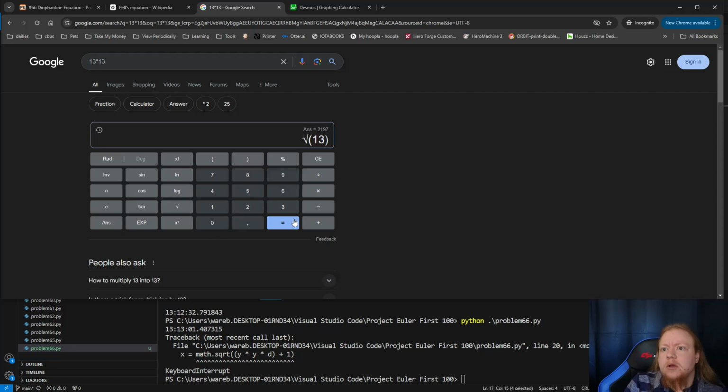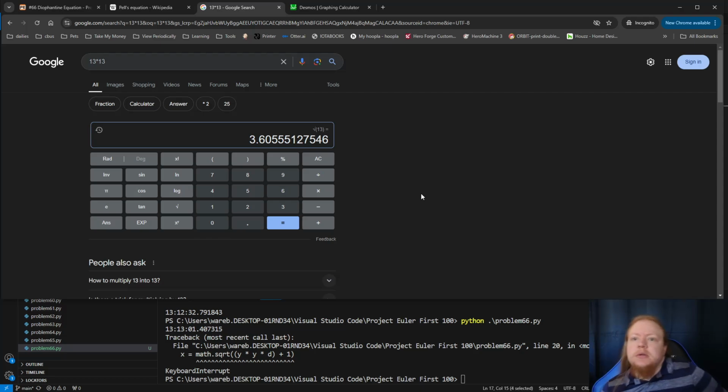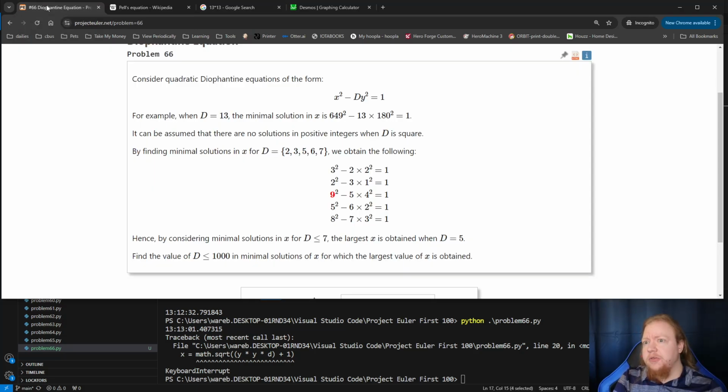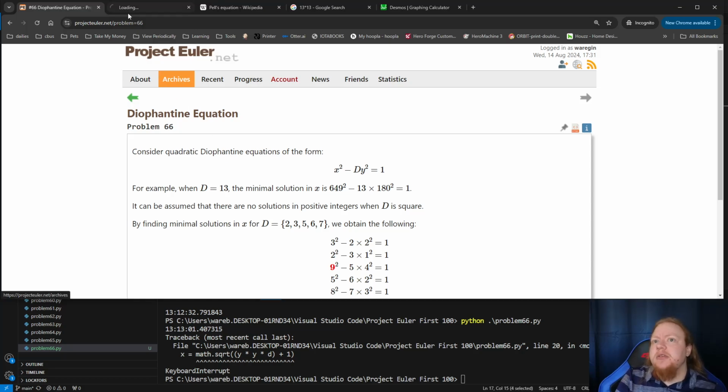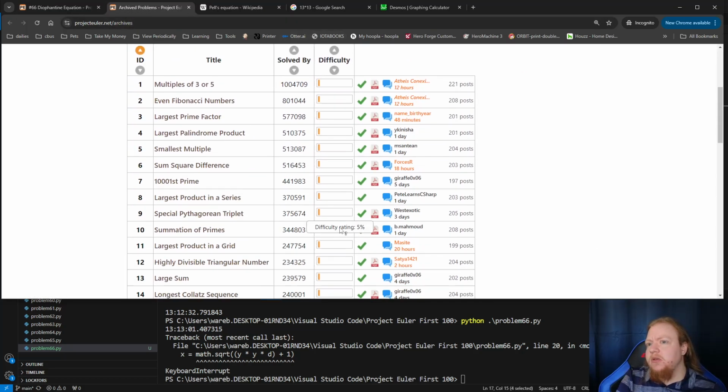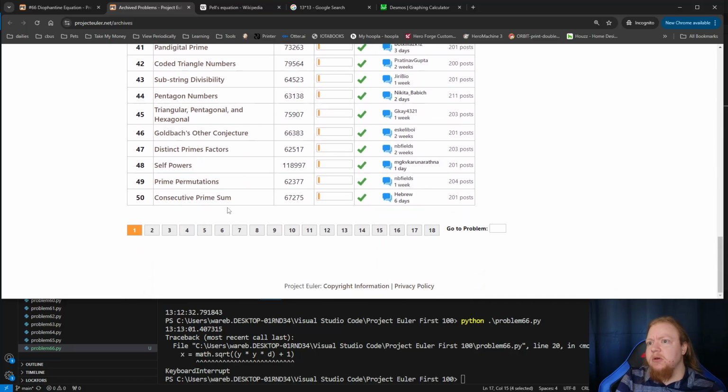Let's go ahead and look for the square root of 13. Actually, perhaps a more interesting case. We've looked at problems that use these continued fractions before.